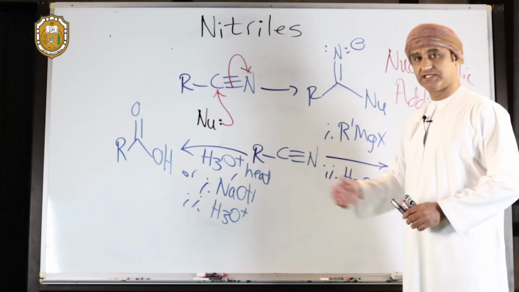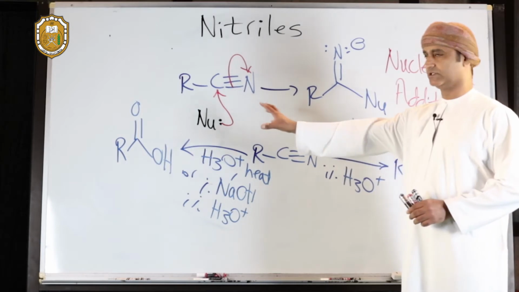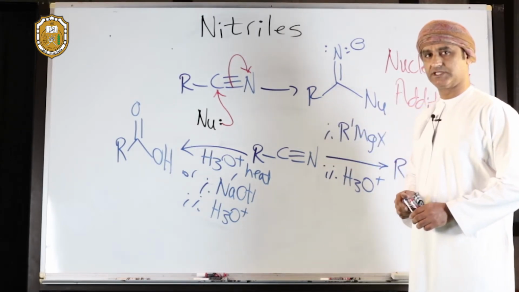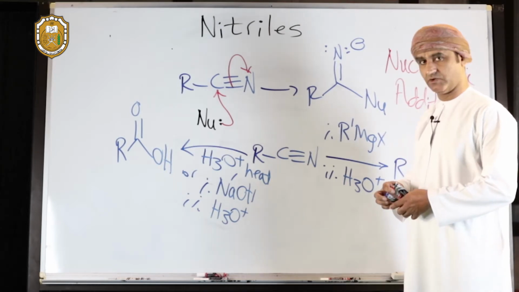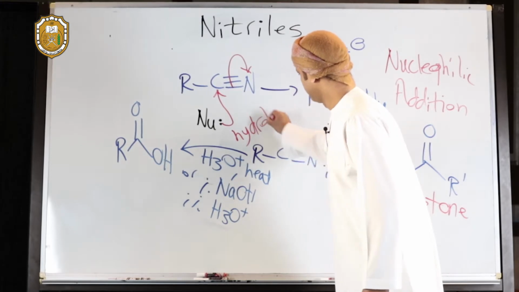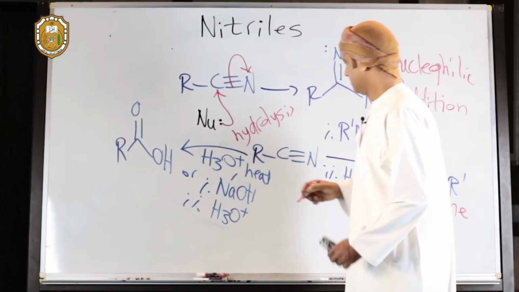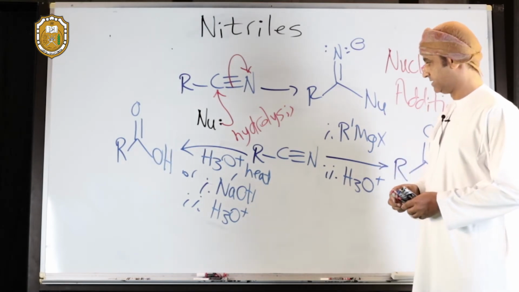So this is basic type hydrolysis of nitriles. Nitriles can be converted into the corresponding carboxylic acids with the same number of carbons by either acidic hydrolysis or basic hydrolysis. So these are hydrolysis reactions for the conversion of nitriles into carboxylic acids.